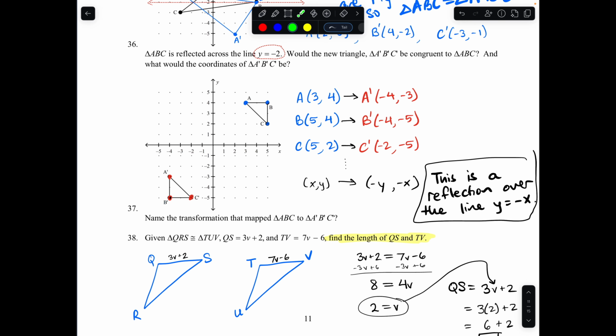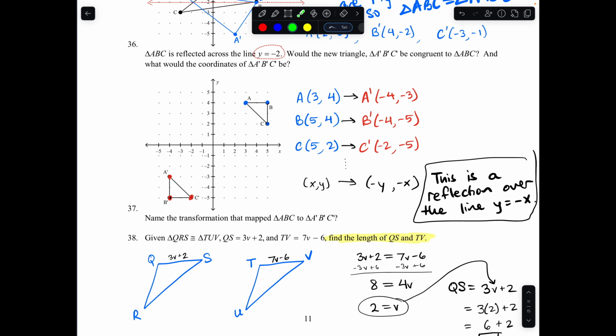I'm hoping you notice that the X coordinates of our pre-image and the Y coordinates of our image look very similar. The only difference is all of these Y coordinates of the image are the opposite of these X coordinates in the pre-image. So in other words, we're taking whatever the X coordinate is, finding the opposite of that number, and that's our new Y coordinate.